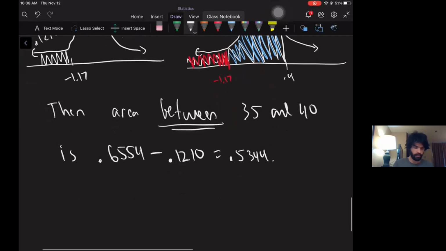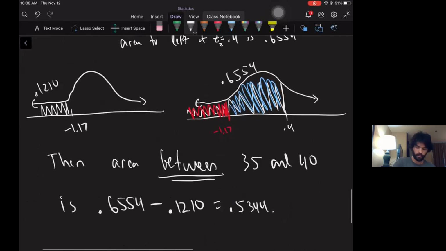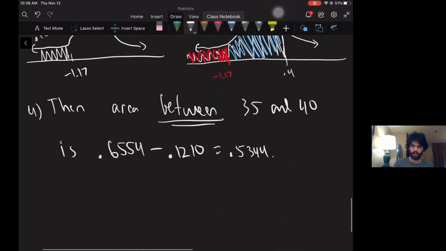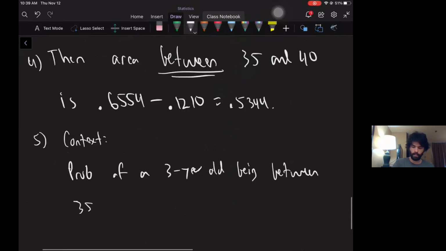So again, we're done, but now I got to answer in context. So the probability of a 3-year-old being between 35 and 40 inches is this probability that I just found. Okay, so that's it.